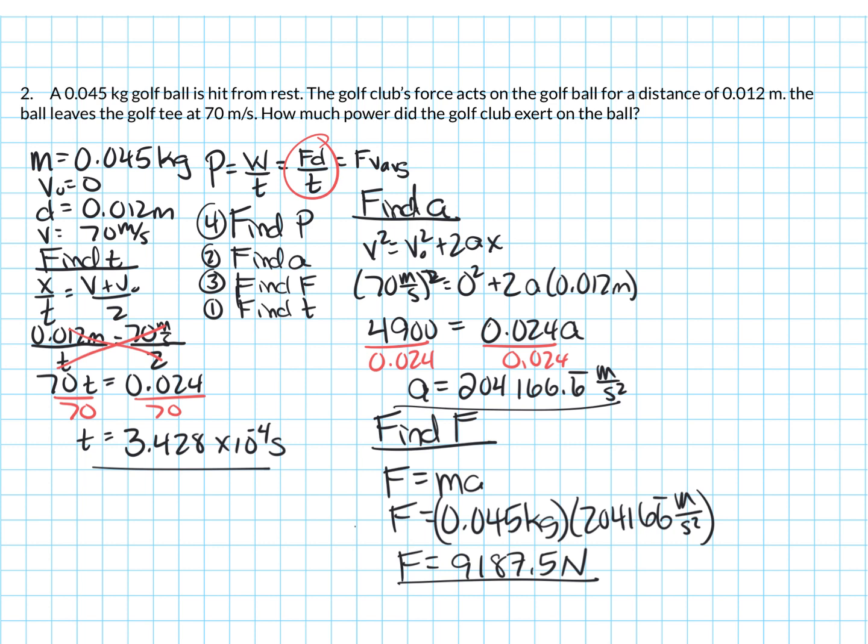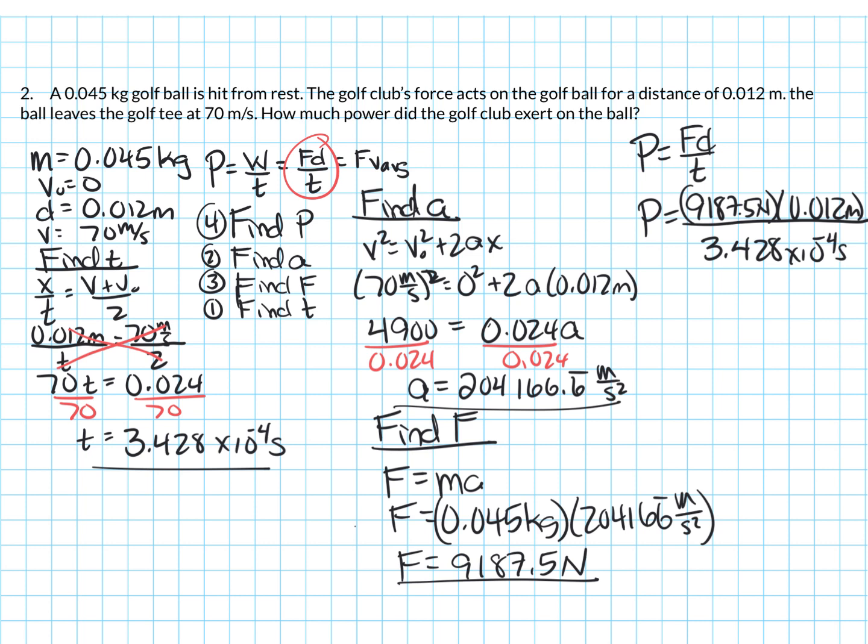So let's go for the power. Power is equal to force times distance over time. So power is equal to the force, 9187.5 newtons, times the distance, 0.012 meters, divided by the time, which is 3.428 times 10 to the negative 4 seconds.